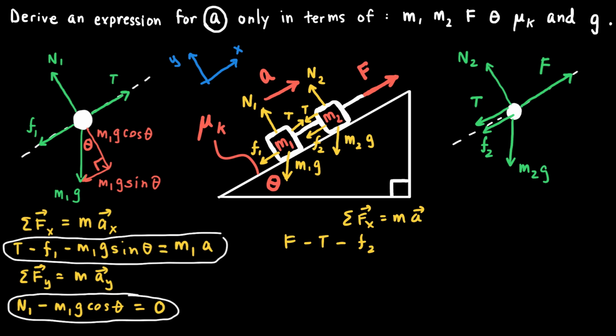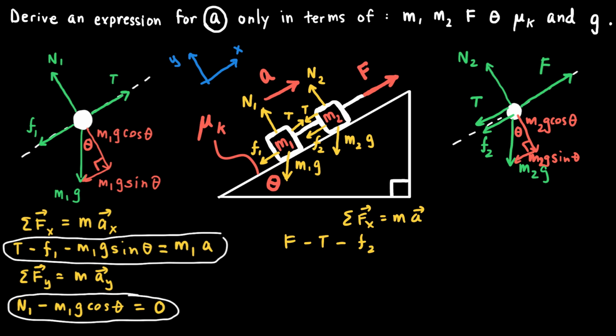But remember, just like we had for block 1, m2g is also a vector that points in neither the x nor the y direction, and so we have to break it down into its components. And the components will work out the same way as before, except instead of m1g cosine theta, I'll have m2g cosine theta, and instead of m1g sine theta, I'll have m2g sine theta.